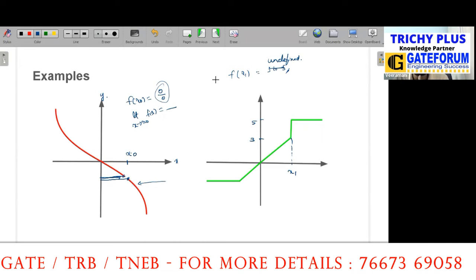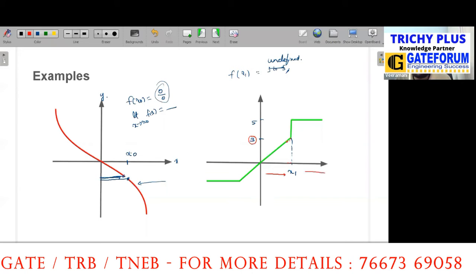So here what is it giving? If you come from the left hand side, what will you get? This point will give this point, this point will give this point, this point will give somewhere around 3. You will be getting a value of 3, correct?